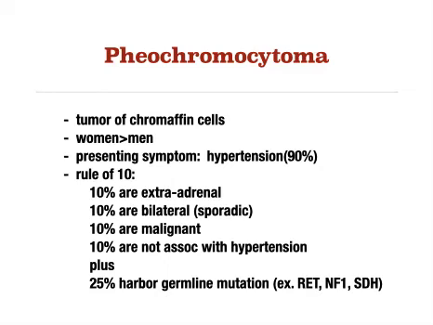You see, 25% of these tumors will harbor a germline mutation in one of the 6 known genes. Examples of these include RET, NF1, and SDH. Okay? Now, patients with these germline mutations are typically younger at presentation than those with sporadic tumors and more often harbor bilateral disease.